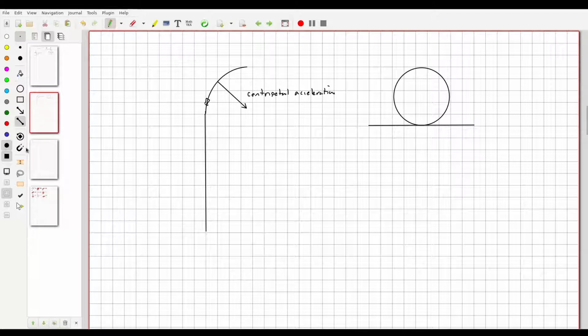If you were to look at this point right here, where the wheel is in contact with the ground, that point relative to the ground does not move. If you were to take a snapshot of this wheel in time, that is the point that the wheel sort of trips over, which allows it to roll.